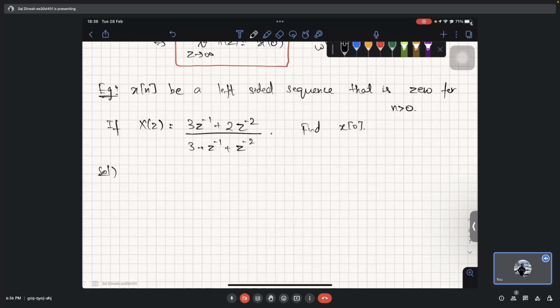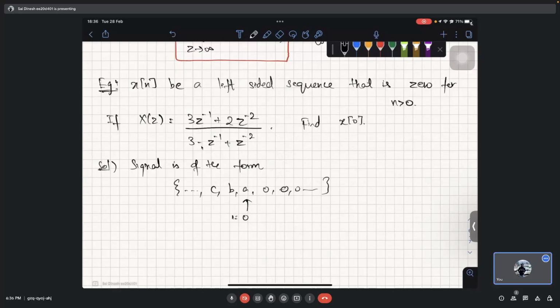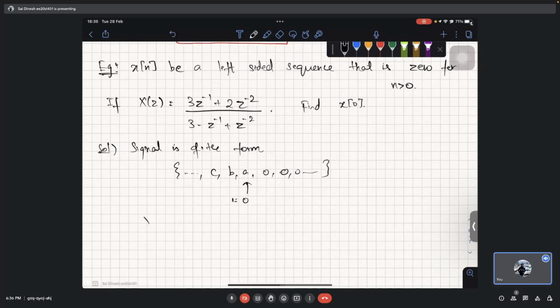Now this signal is of the form C B A 0 0 0 and so on. So this is for the 0th sample, n equal to 0. So X of z will be of the form x of 0 plus x of minus 1 z power 1 plus x of minus 2 z power 2 and so on, right?